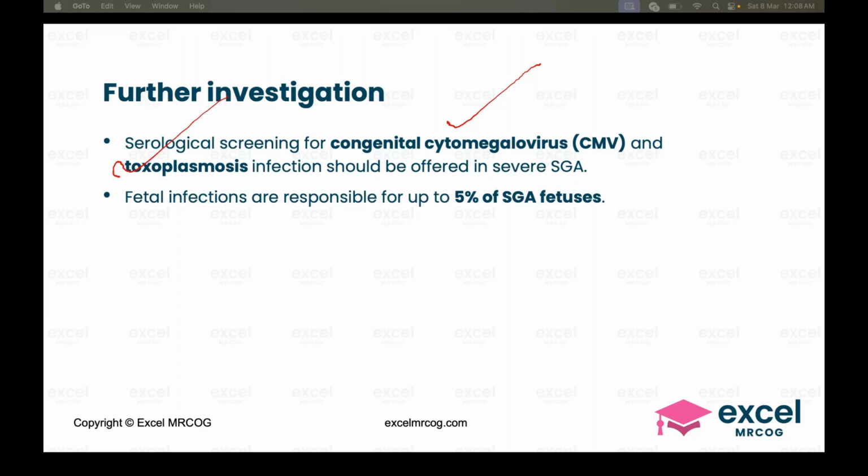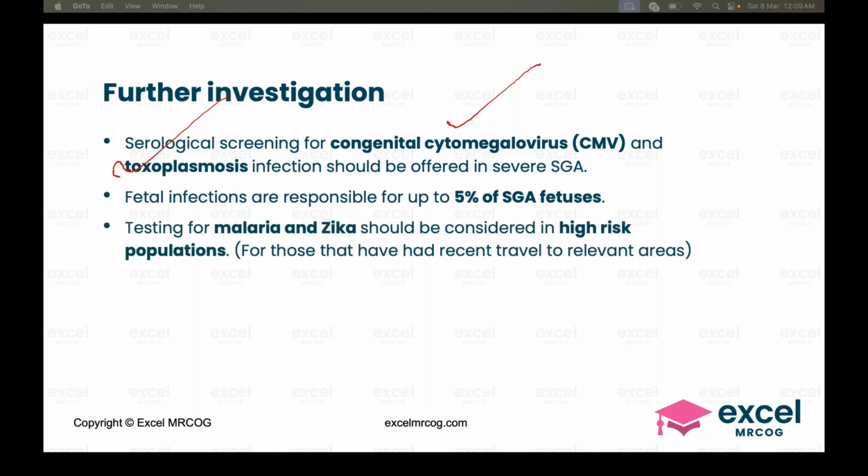Remember that for MCQ. Malaria and Zika virus testing should be done only if there is a history of travel to endemic areas. So if a woman has traveled to a country where the prevalence of malaria is high, say Africa, and now she has SGA, you would consider testing for malaria.